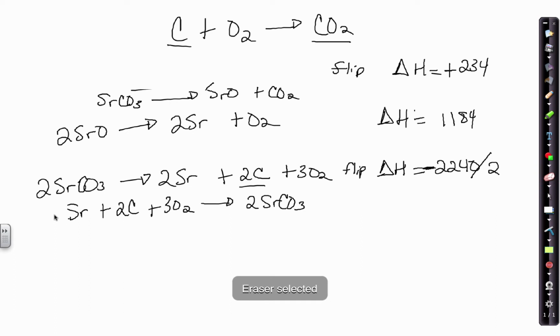So 2 divided by 2 would just be 1. 2 divided by 2 would just be 1. 3 divided by 2 would actually give me 3 halves. And 2 divided by 2 would also just give me 1. Okay, so I flipped it, so I changed the sign, and I also divided that by 2.